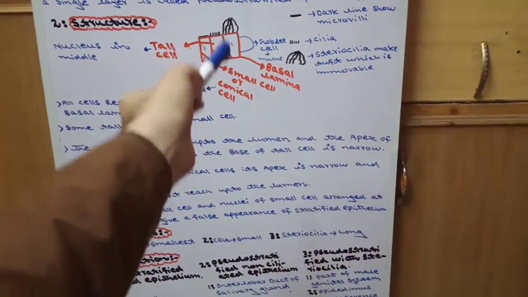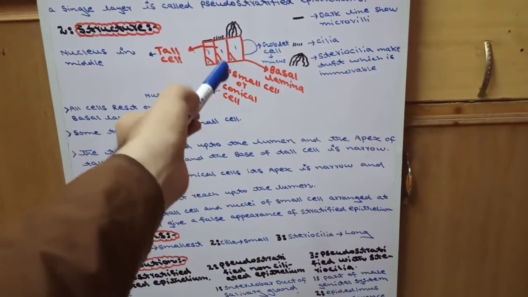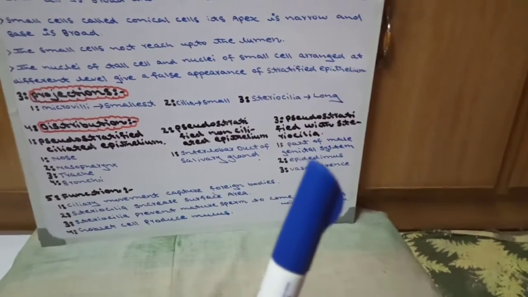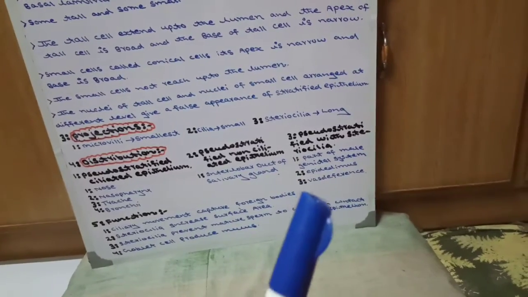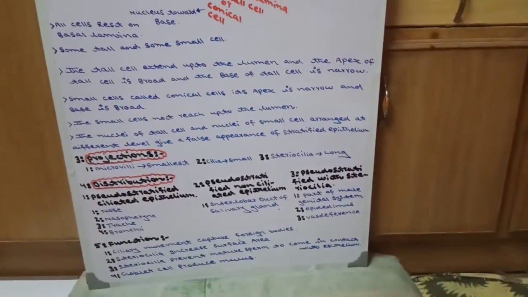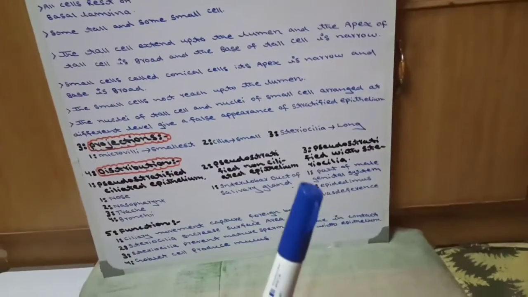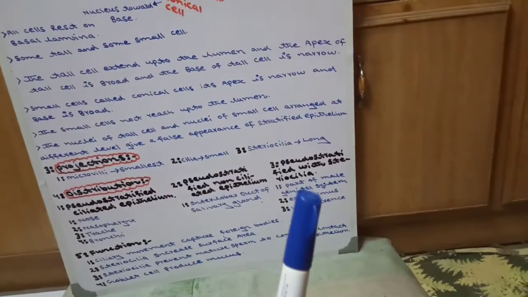Its distribution: number one, part of the male genital system. Number two, epididymis. Number three, vas deferens. These are the three locations of pseudostratified with stereocilia.